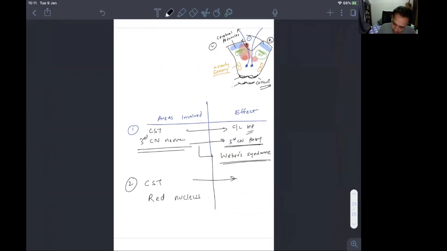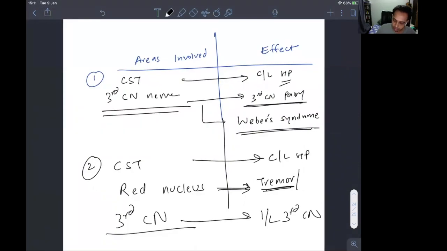So you will again have contralateral hemiparesis, and you also have your third cranial nerve involved. You will have ipsilateral third cranial nerve involvement, and because of red nucleus, you will have tremor, because red nucleus has to do with involuntary control of your movement. So you can have tremor and other involuntary movements.